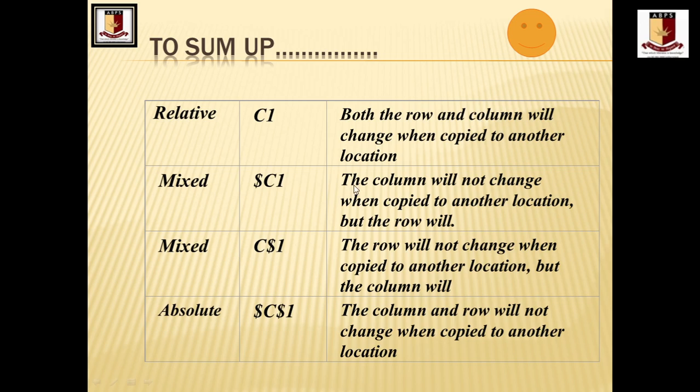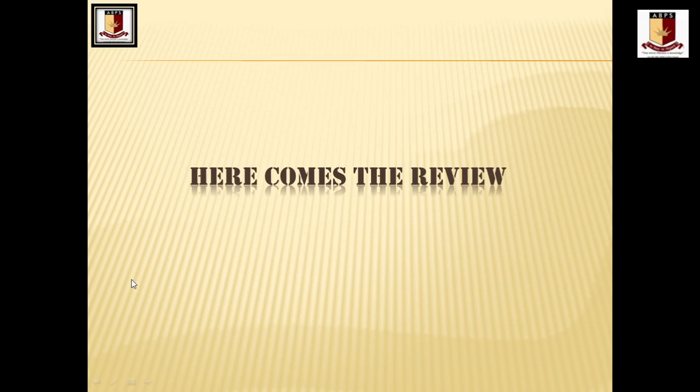Similarly here, if I place the dollar sign in front of the column, then the column is fixed and the row number will change. Similarly here, in the mixed one, the column is relative but the row number is fixed. Here the absolute one, where the cell reference is fixed, nothing will change; it will remain the same wherever you paste the formula. Got it? Now move to the next slide.